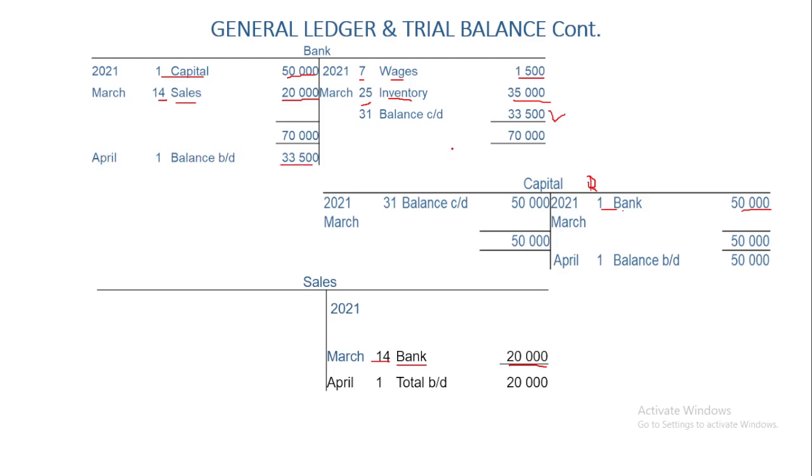33,500. And then the capital side, which also falls within the balance sheet accounts, we're gonna say all the money that we received from Ryan is this much. This is the total, and then we put the total this side. Since there won't be money going out, we're just gonna write balance carried down of the same amount within the capital account.